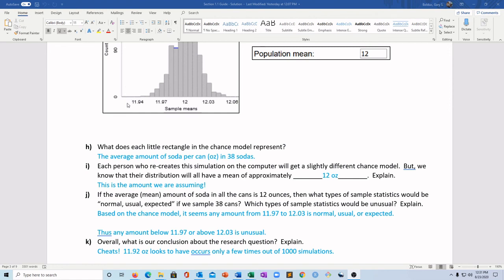So out of 1,000 times, it barely ever got this small of an average. So our statistic, our actual 38 cans, doesn't seem to fit this model. That means this assumption I made about there really being 12 ounces per can seems like it might be wrong.